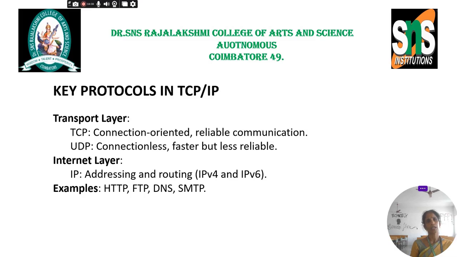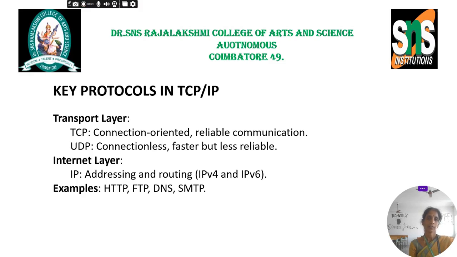Connection oriented and connectionless means that before sending and receiving the packets, we have to ensure the connection status. That is done in TCP, but in UDP we don't bother about the connection establishment. That's why it provides unreliable communication.